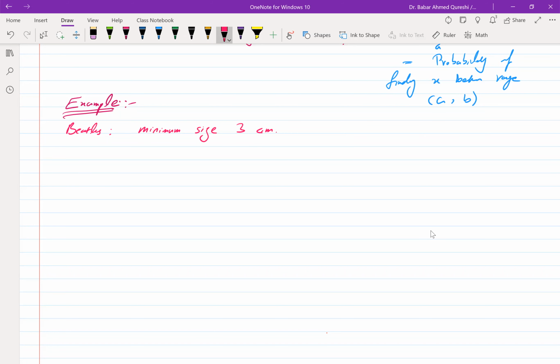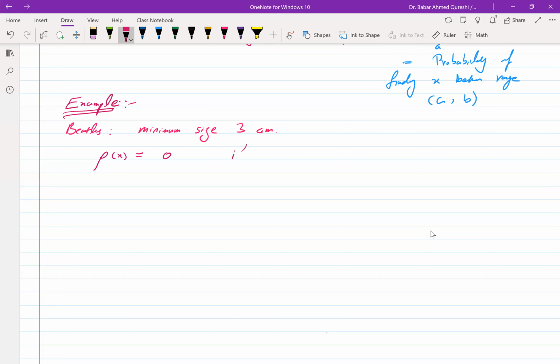Now, bigger beetles than this are present, but it's very hard to find them. The bigger the size goes, the probability of finding a bigger beetle goes exponentially down. I'm not saying it's a bell-shaped curve, it's an exact exponential. So the probability distribution is like this.